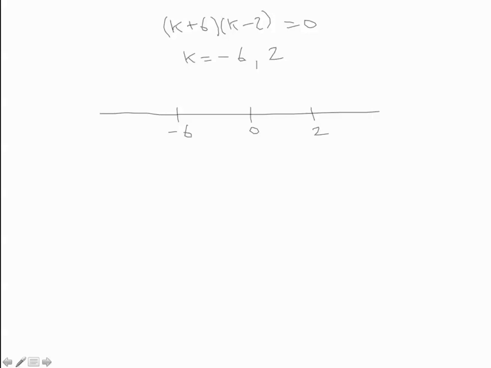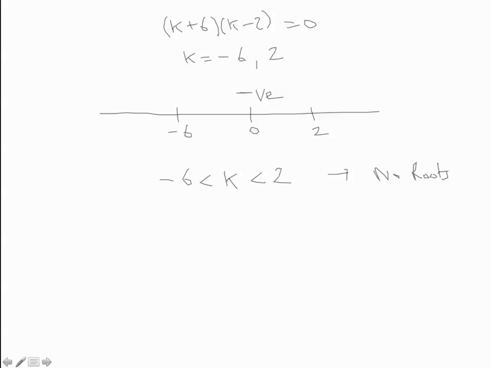Well, let's have a look. The easiest place to look is at 0. When k equals 0, plus 6 times negative 2 is negative. So clearly, when k is less than 2 and greater than negative 6, we get no roots, because the expression is less than 0.